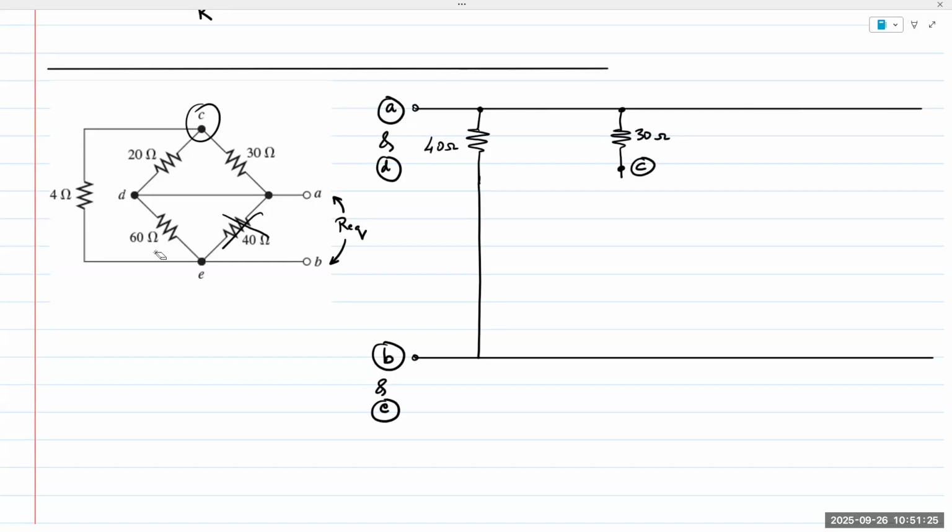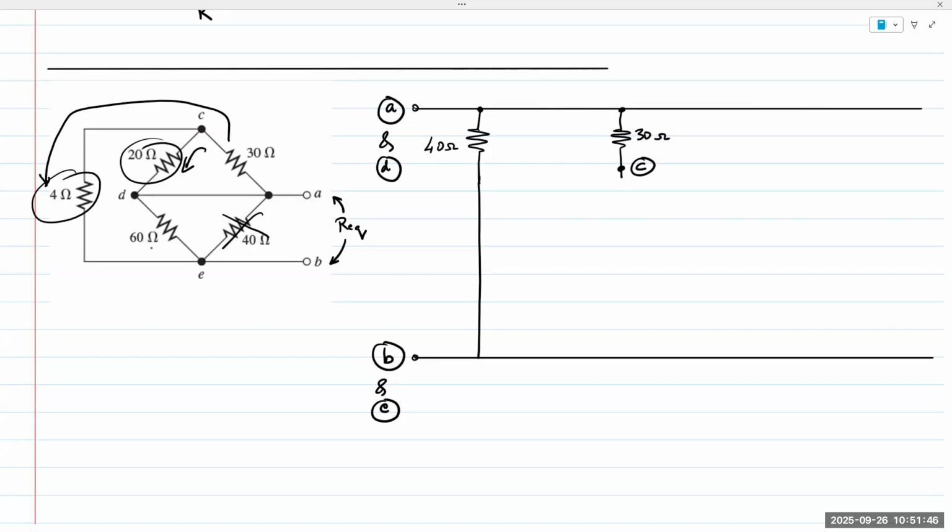And again, the objective is to reach node B. If I follow node C, what is connected at node C? We have a 20 ohm resistor and we have a 4 ohm resistor.